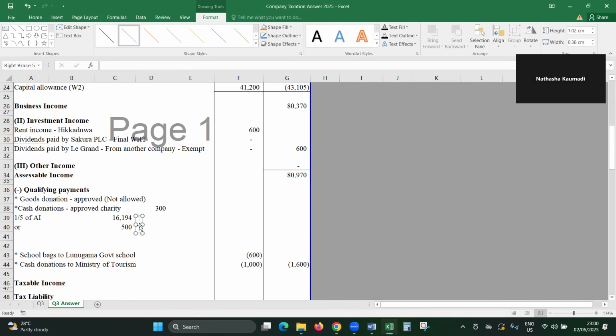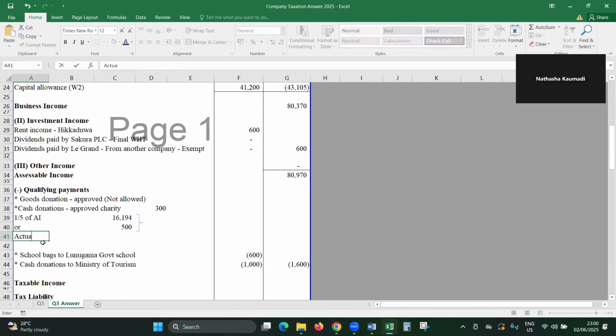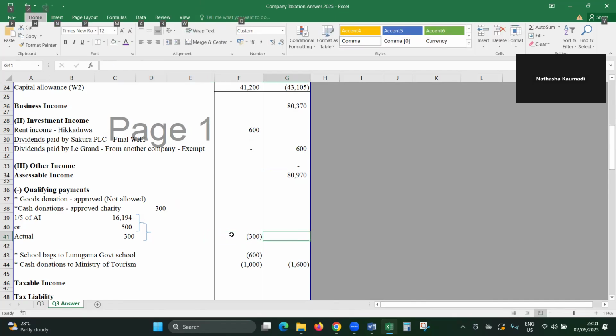Sorry, 16,194. And then I take the actual. How much is the actual? 300. From these two, what is the lowest? Obviously, 300. So that amount would be 300, and that will be taken here.